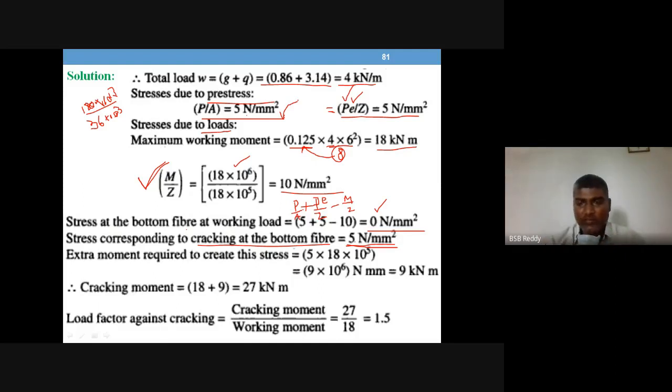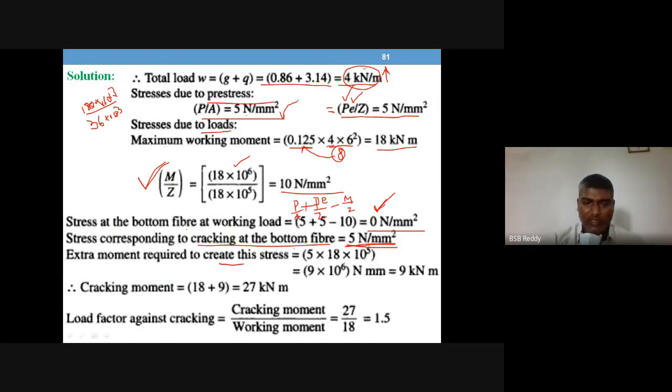For the present load of 4 kilonewton per meter, 0 is the bottom stress. If you increase this load, then this 0 will become 1, 2, 3, likewise. So to have 5, what should be the bending moment? That is what is now required.